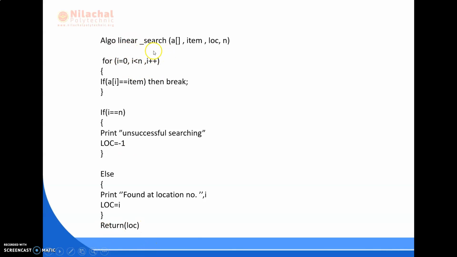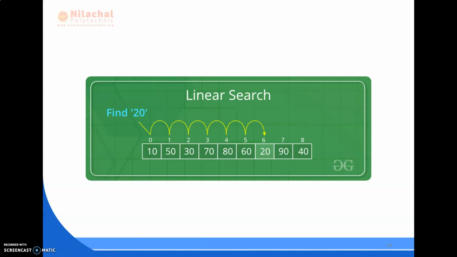If we reach the n value and have not found the item after comparing each and every item, it will show an unsuccessful search and we will return location equal to -1. So this is how linear searching is done.